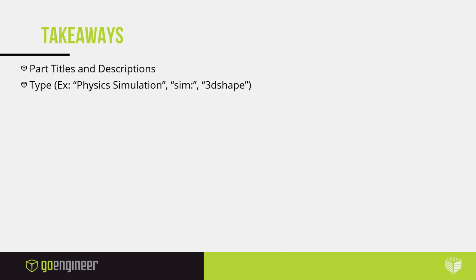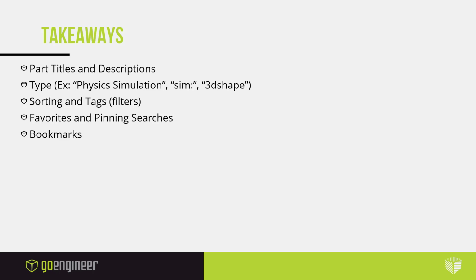For example, physics simulation or sim for simulation files. Use keywords, sorting, and tags, and save common searches to favorites or pin them to your dashboard. And finally, create and apply bookmarks to files to create folder structures for file storage.